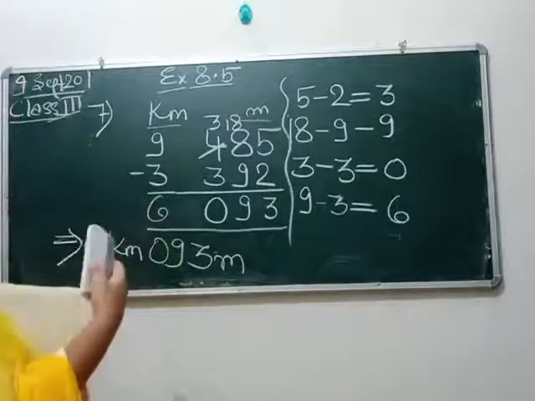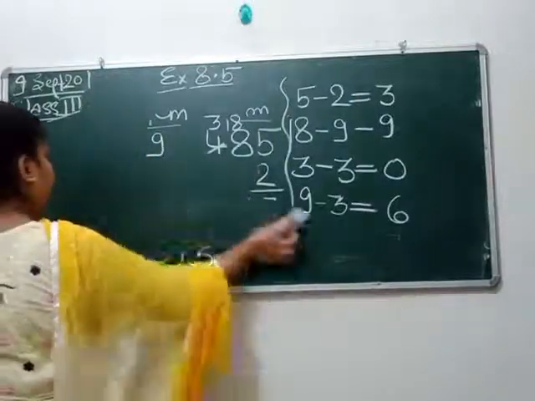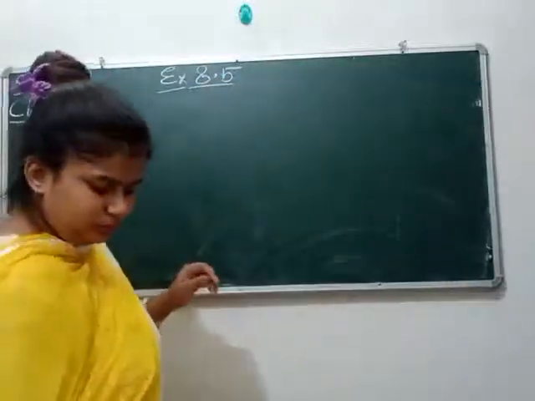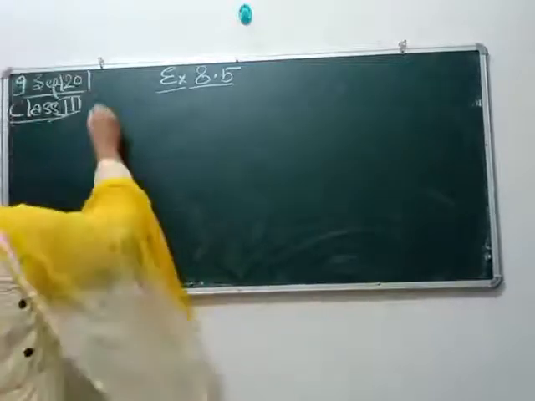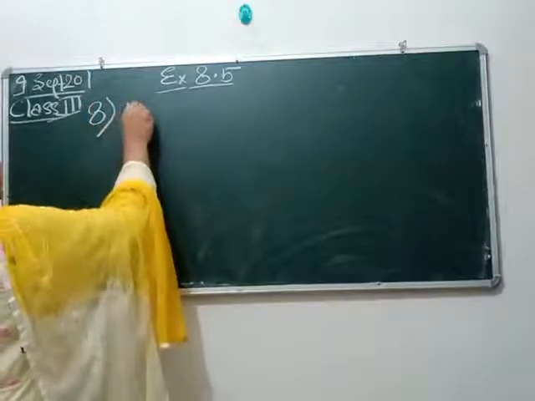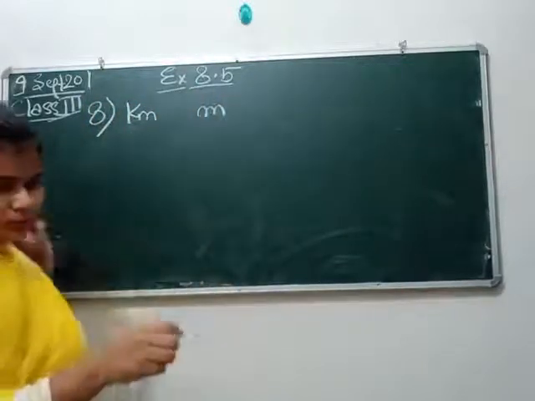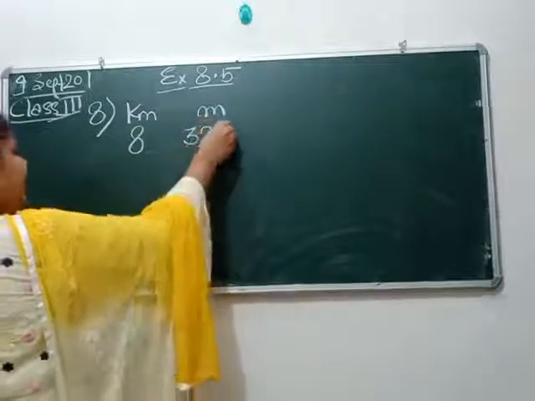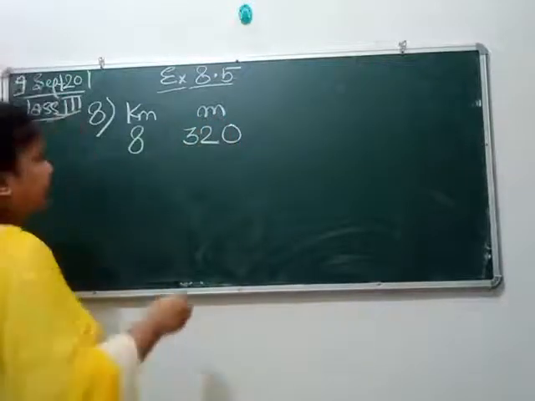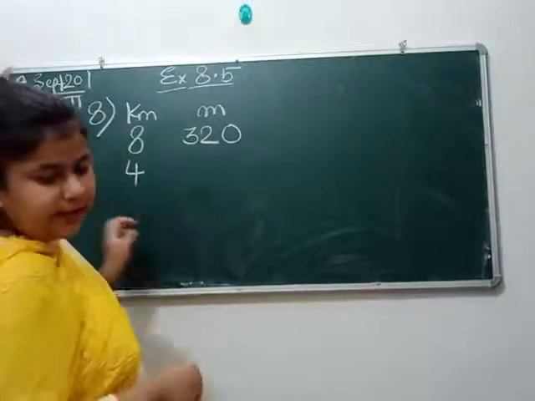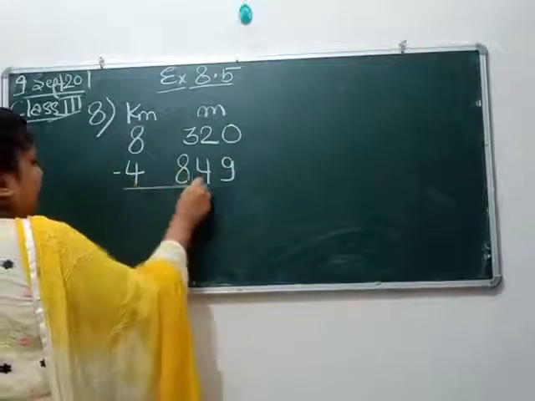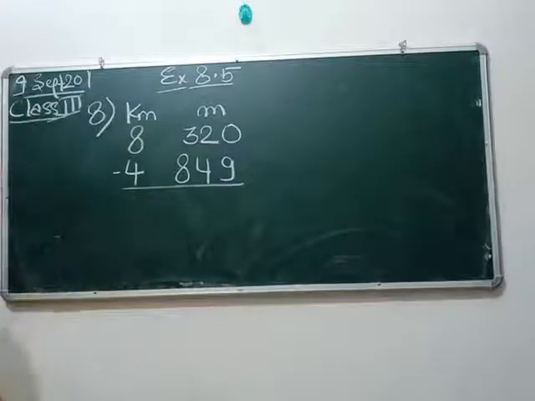Let us do question number 8 now. 8 kilometer 320 meter, subtract 4 kilometer 849 meter.